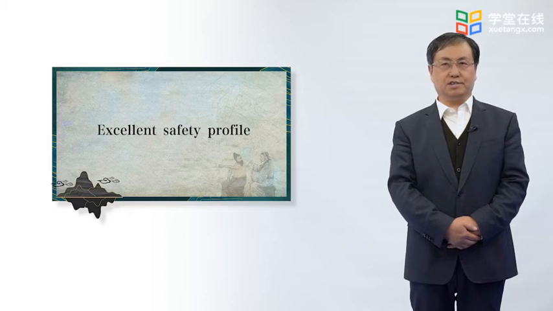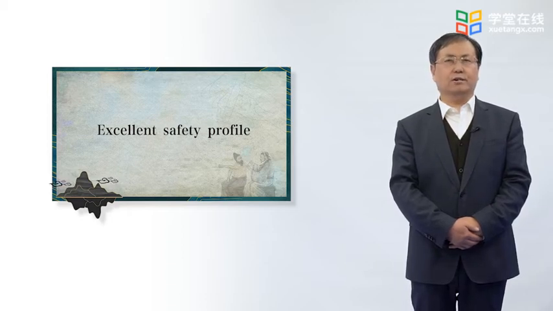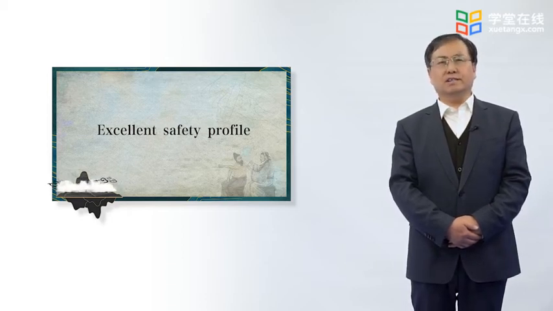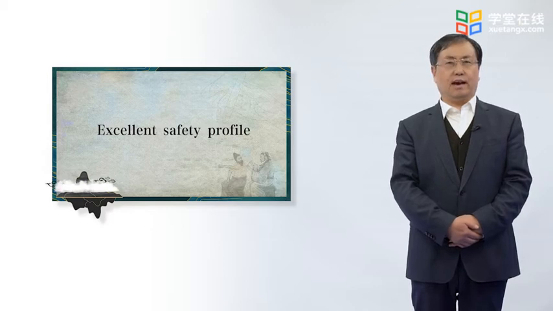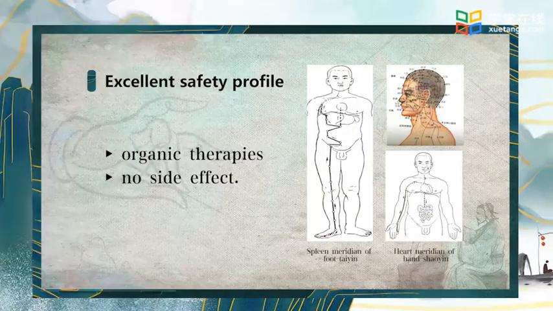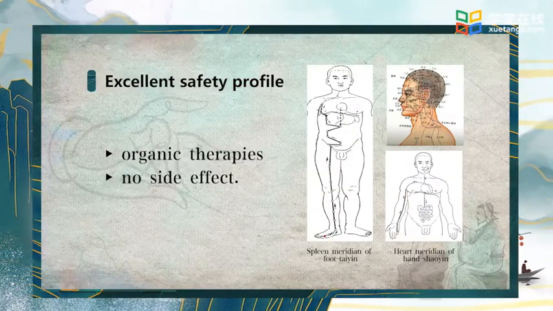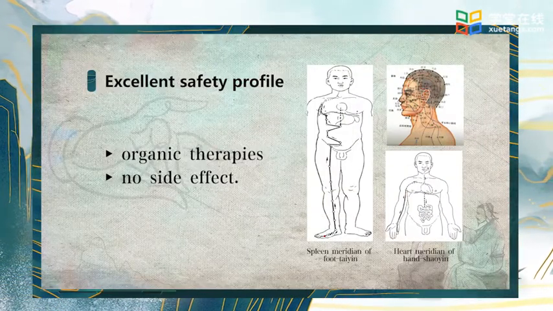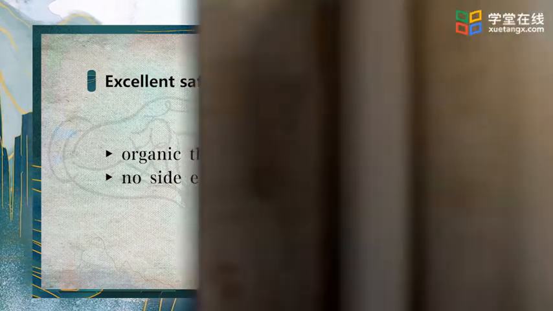Acupuncture and Moxibustion, which can regulate the meridians and collaterals and activate qi and blood circulation, are a series of pure organic therapies with low side effects.